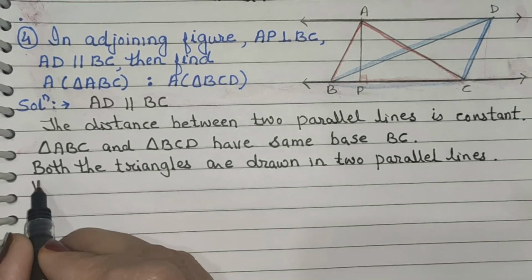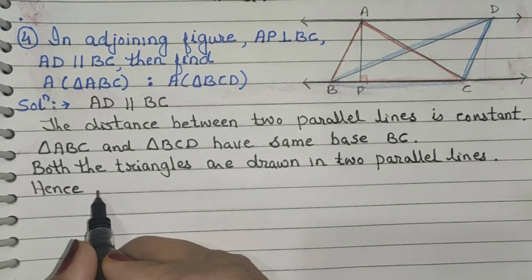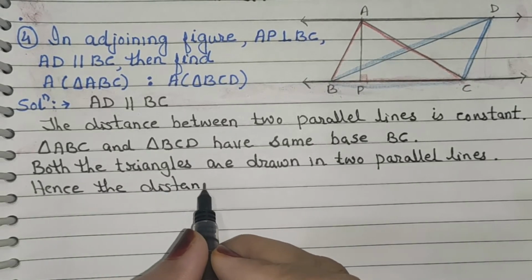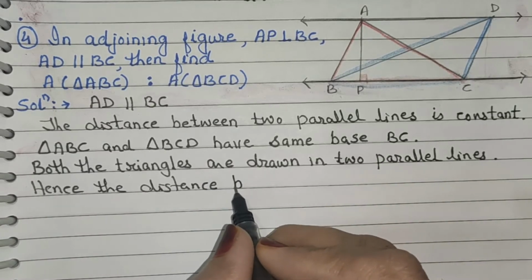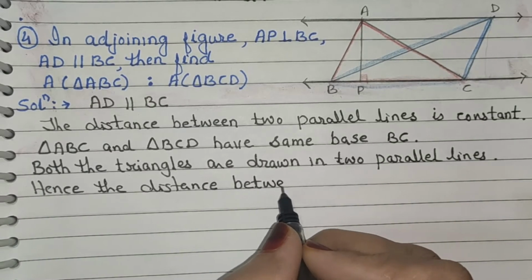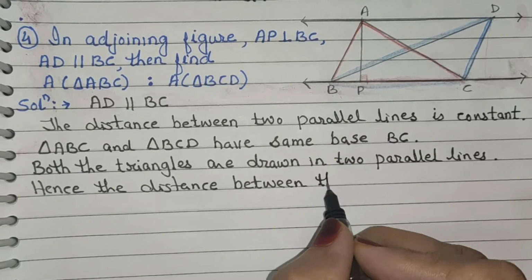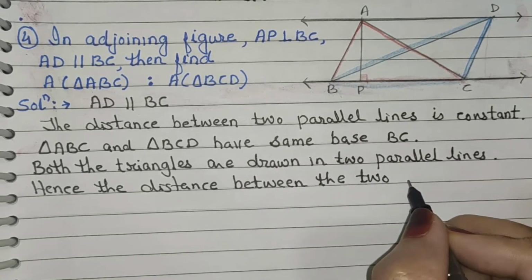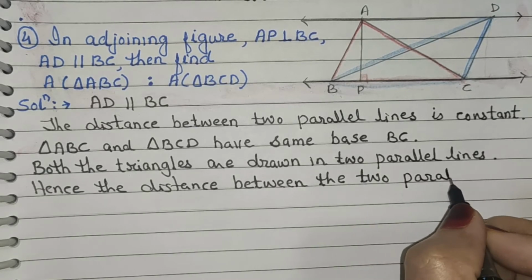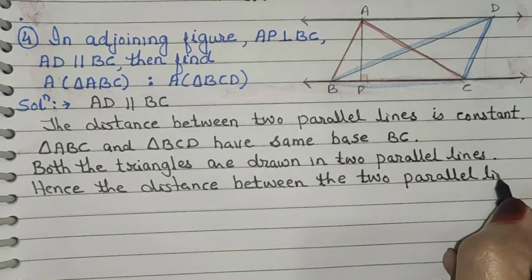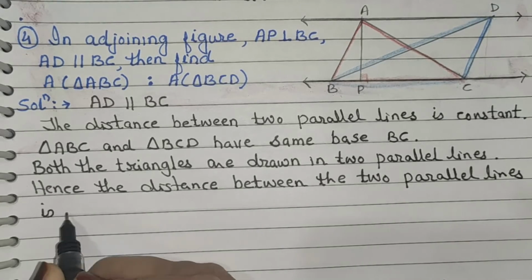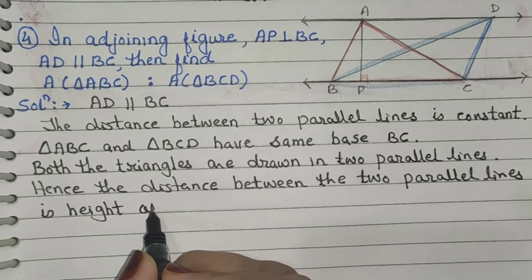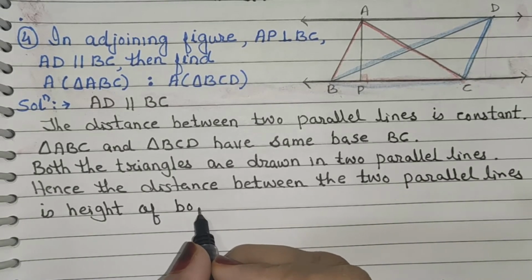Hence, the distance between the two parallel lines is the height of both triangles.